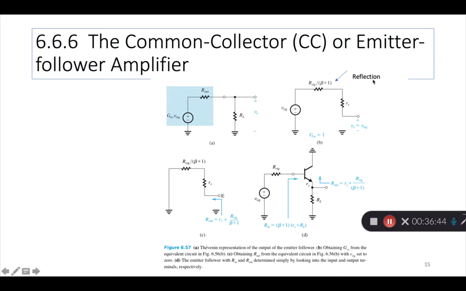But this analysis helps you finally come out with the exact formulas for Rout, for example, which is Re plus R signal by beta plus 1. Similarly, this is the output resistance. Similarly, the input resistance. And luckily, the voltage gain is 1. The unity gain amplifier. Okay.